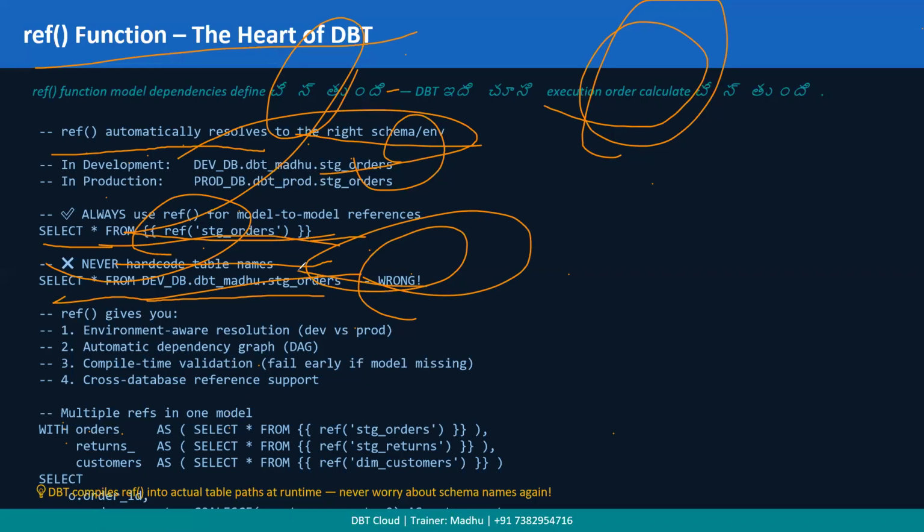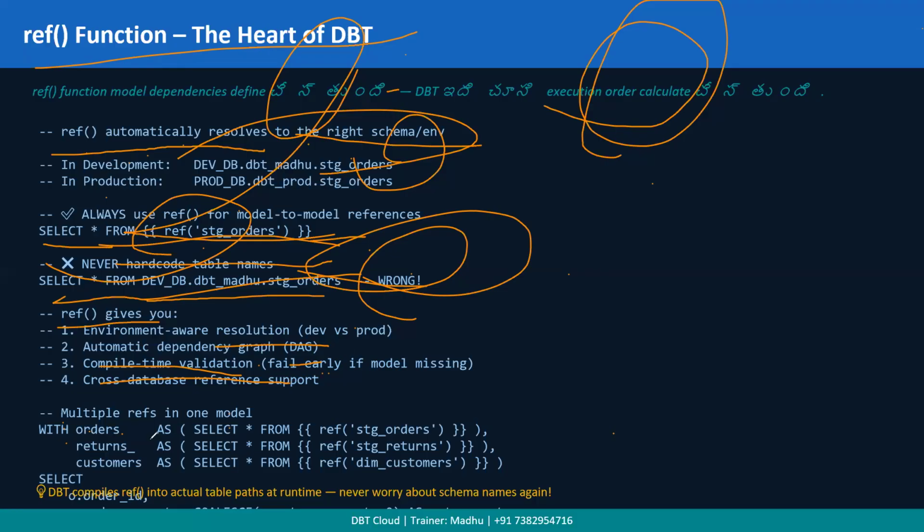Ref gives environment-aware resolution, dev versus prod, wherever we have that model, and automatic dependencies in the graph. It also gives compile-time validation, so it fails early if a model is missing, and cross-database reference support.